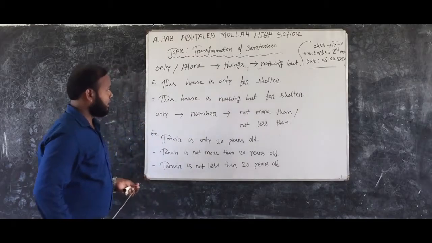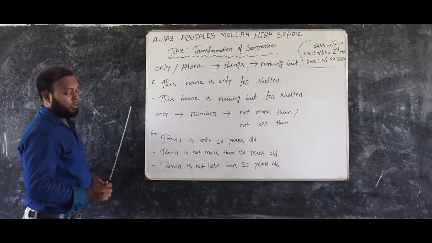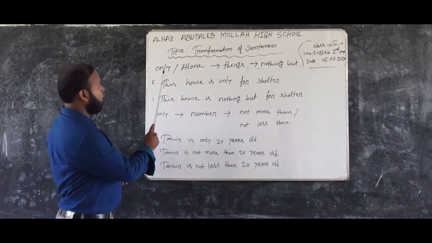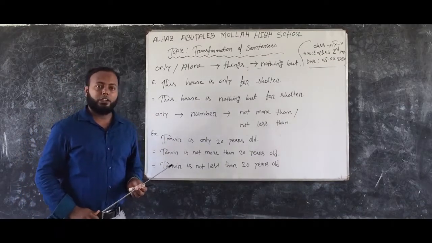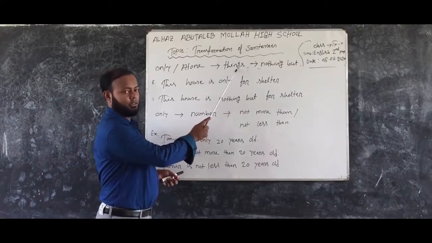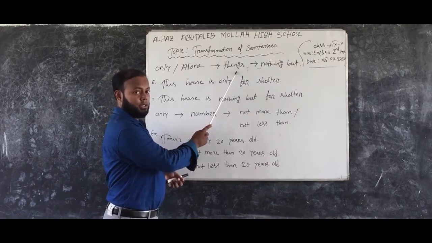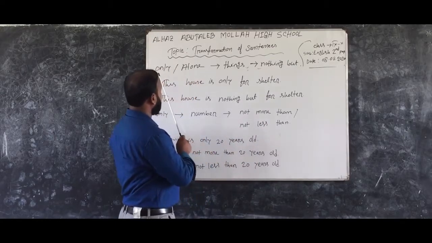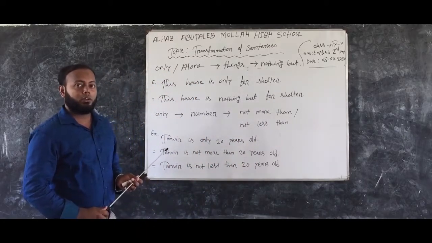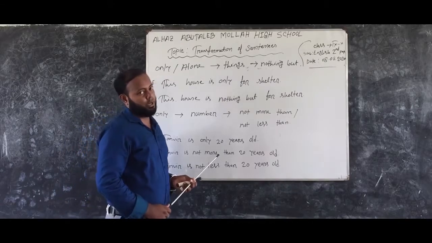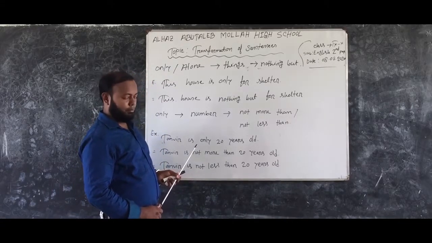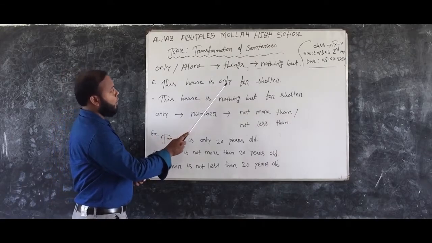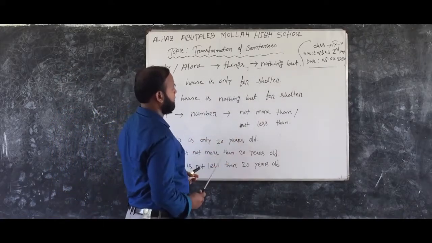Okay, my dear learners, let's see. If in any affirmative sentence you find only or alone and it indicates things, then you have to use nothing but instead of only or alone to change into negative. For example, this house is only for shelter.